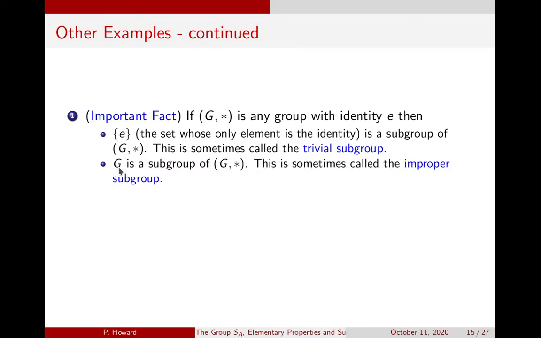G is sometimes called the improper subgroup of G comma star. So for example, the set whose only element is 1 and U27 are both subgroups of U27 comma times sub 27.